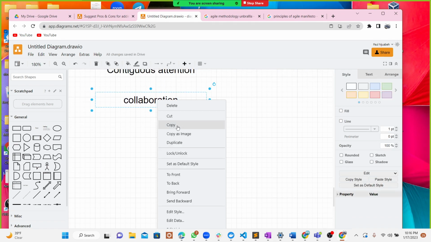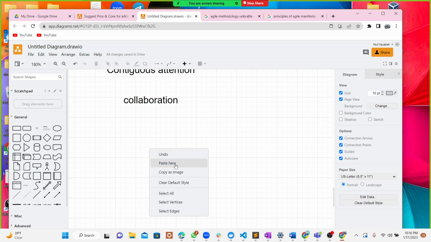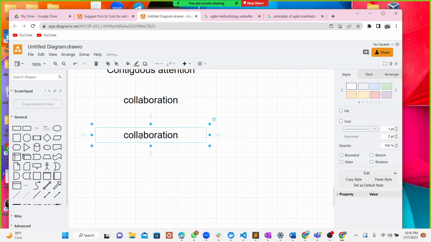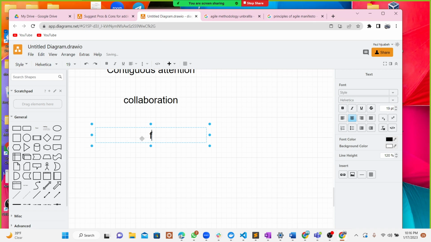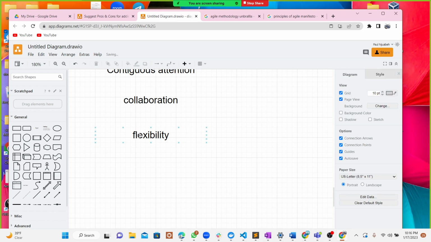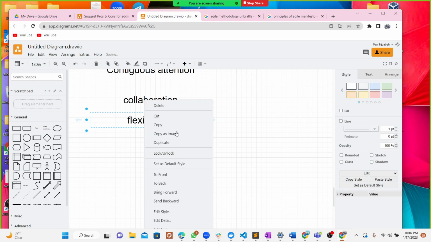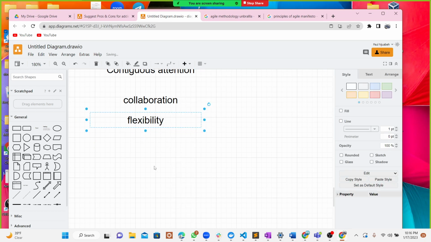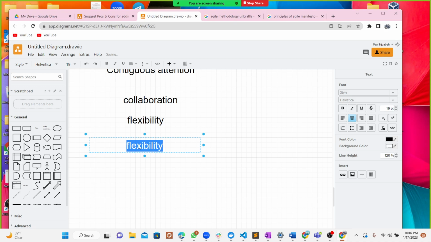So the methodology has flexibility, and then there is also customer satisfaction and customer input. It has customer input, which is good, right?